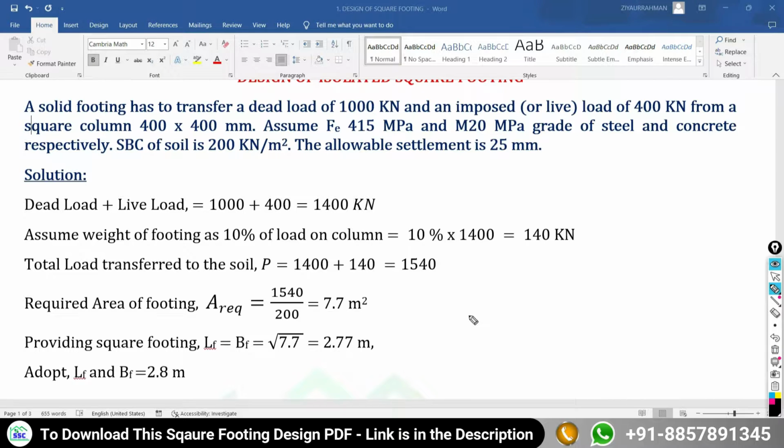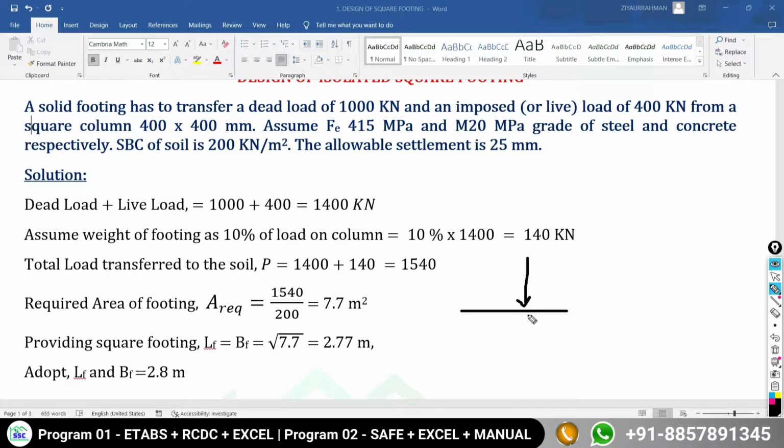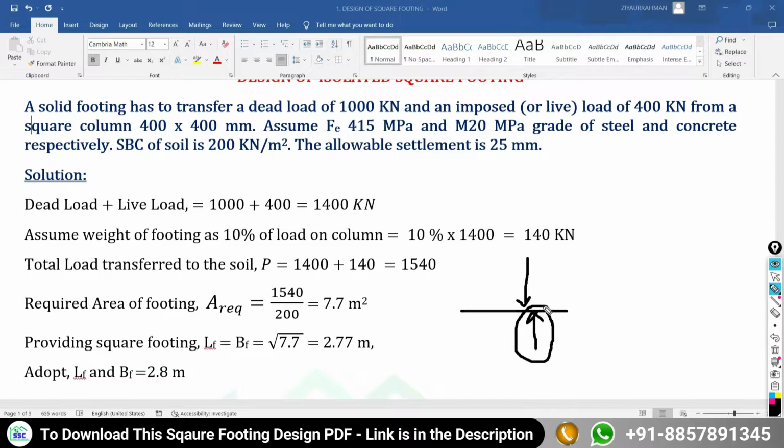But you know that whatever load you impose over the soil mass, the soil gives a reaction to that application of loading. So for the safe design of the footing, the upward soil pressure should always be less than the SBC of the soil.